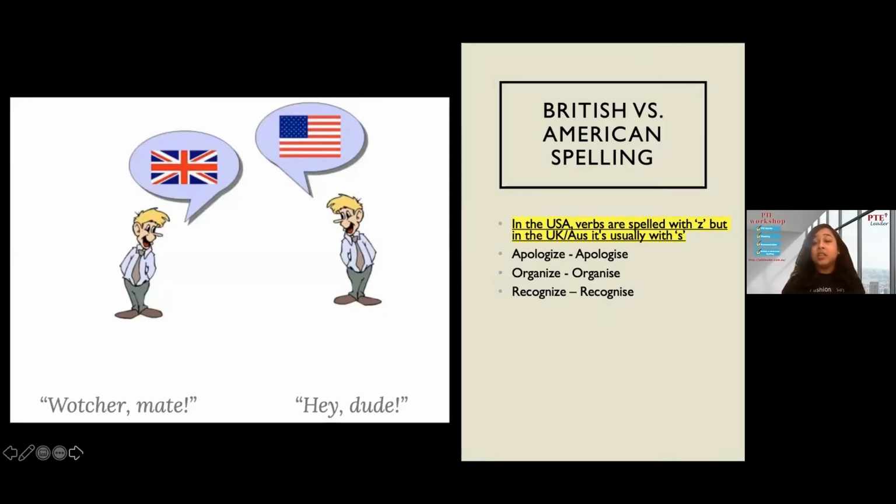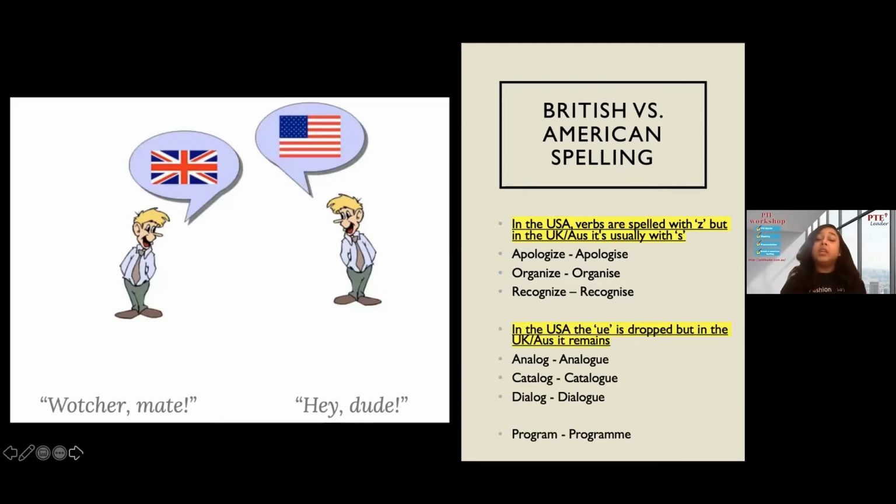When we use Z-E, that's American. But if we write it like A-P-O-L-O-G-I-S-E, that's British or Australian. In the same way, words like organize, recognize.